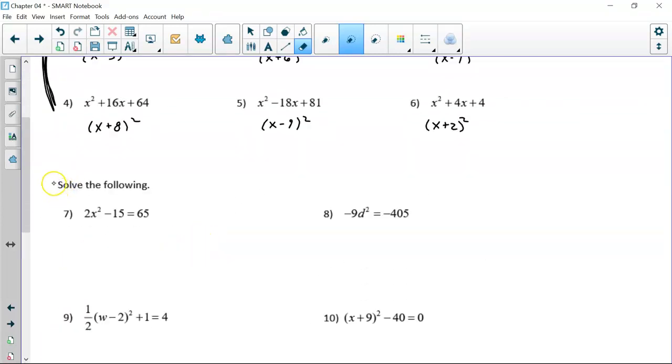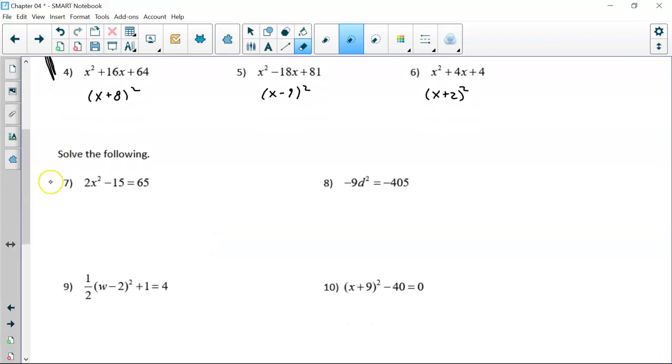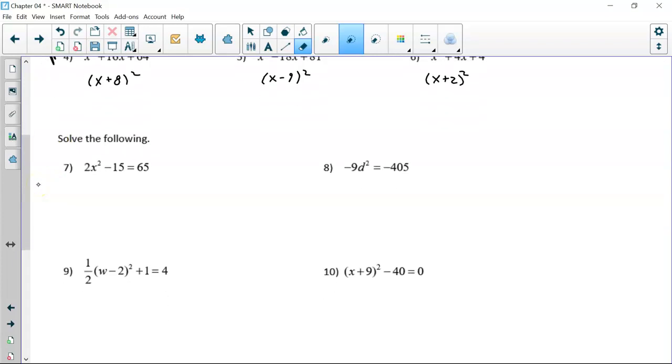For number 7 on, we're going to be solving. Now we're going to be solving using a couple different methods. The main method we're going to use is square roots. So we're going to isolate x squared by adding 15 to both sides. 2x squared equals 80. Divide both sides by 2 and we get x squared equals 40. So we have the x squared isolated.